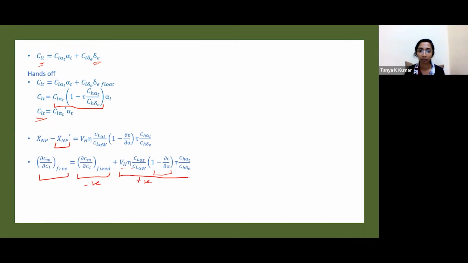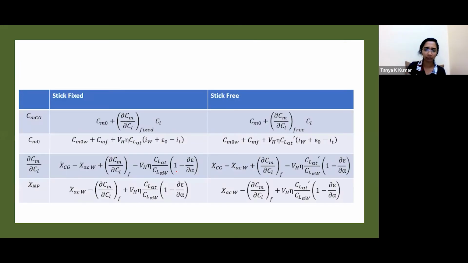We know that for stability, we need DCM upon DCL to be negative. Any term that contributes towards a positive value is destabilizing. So what we can see is that the stick-free stability is less than the stick-fixed stability because of this positive term.